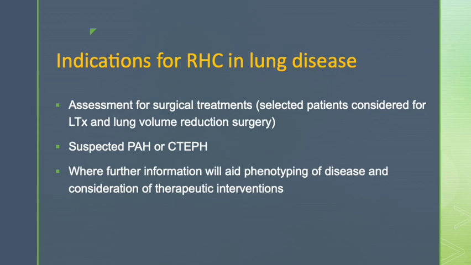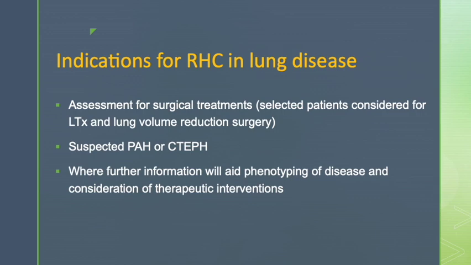What will be the indications for a right heart cath in lung disease? For those of you who are studying for exams, this is a very important question to answer. In your patients with COPD or ILD, when you are assessing them for a surgical treatment, for example, a lung volume reduction surgery or a lung transplant, then it is very important to assess the vascular component, and so right heart catheterization is indicated.